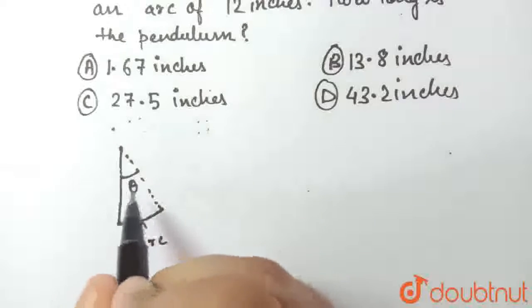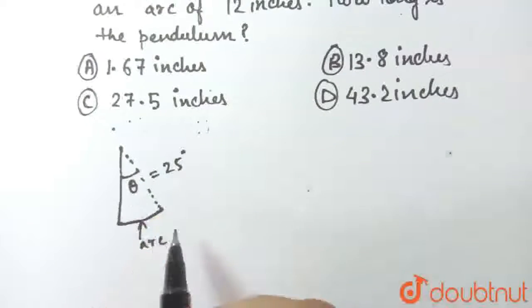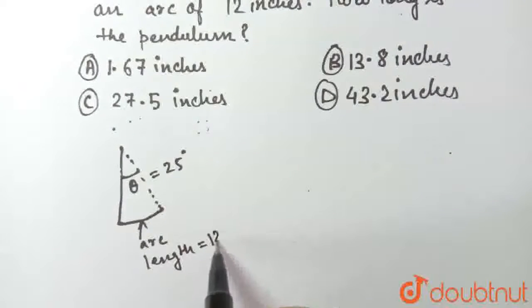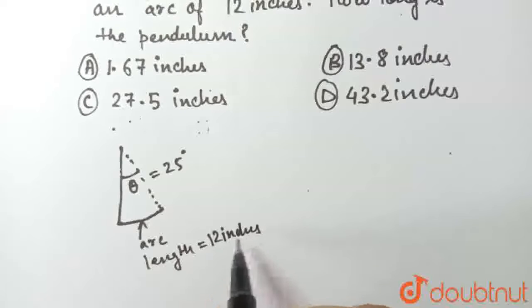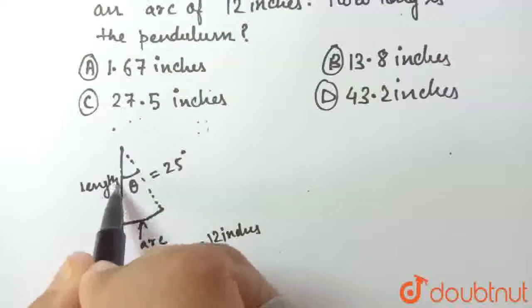Here we have been given this theta angle which is equal to 25 degrees and arc length is given to be 12 inches and length of pendulum we have to find out.